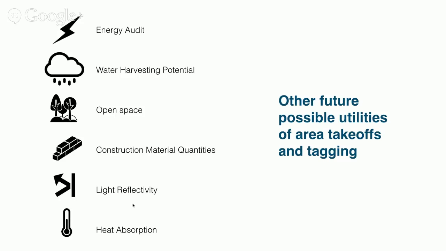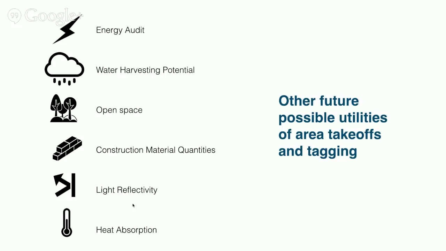So, we were showing area takeoffs, and we were assigning space use to parts of the building. We see this as the first step to a much more flexible analytical system where we can apply other attributes at a sub-building level. So if we want to say, rather than tagging with use, we could tag with energy consumption.